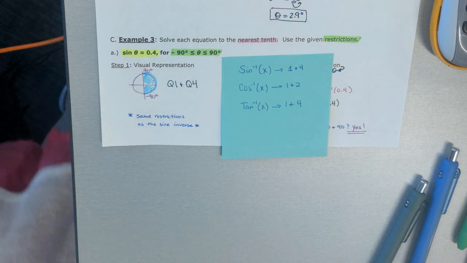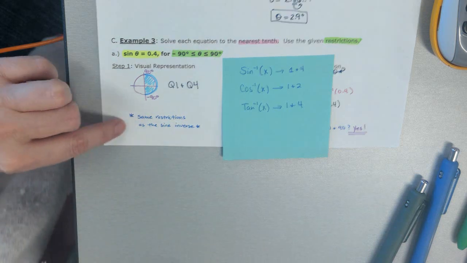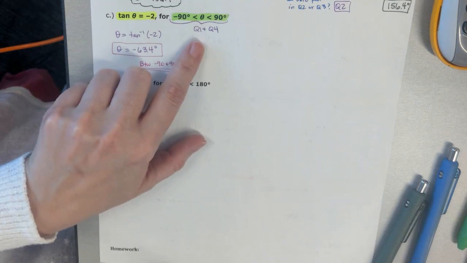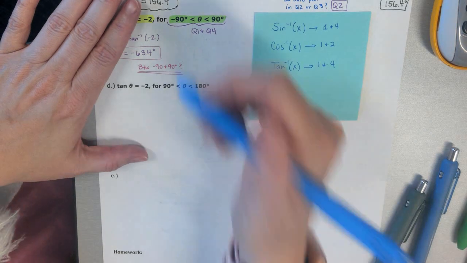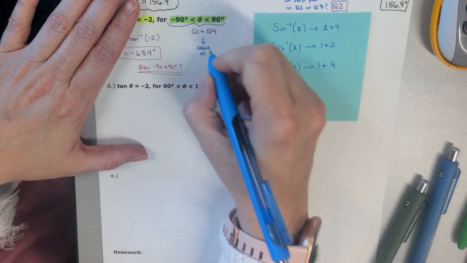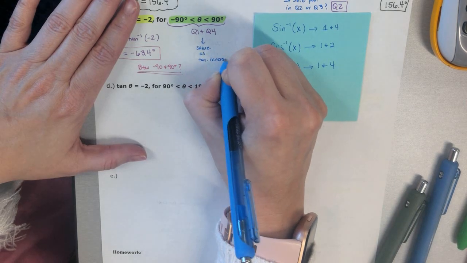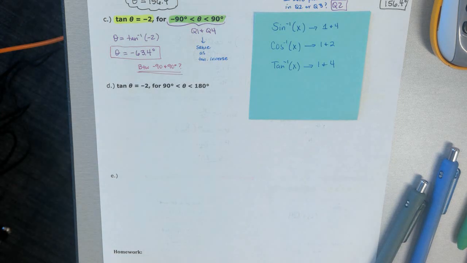Starts with an A. Arcsine. So that had the same restrictions as the sine inverse, and we didn't have to go any further. Is this the same as the tangent inverse? Yeah, so that's not a coincidence. If they're the same as the inverse, then you shouldn't have to go any further.